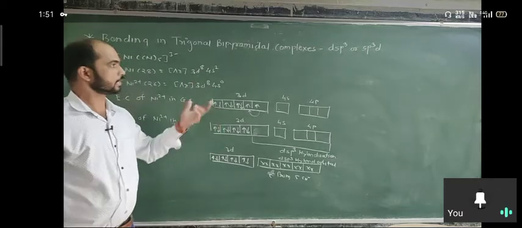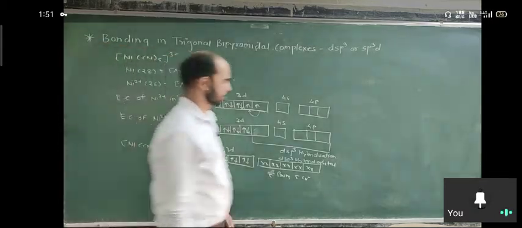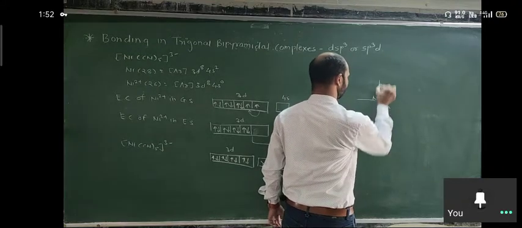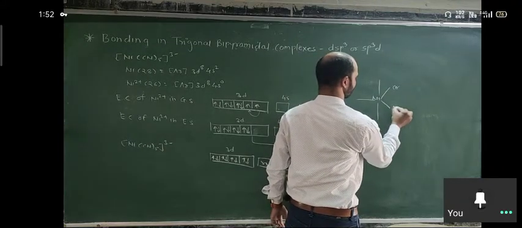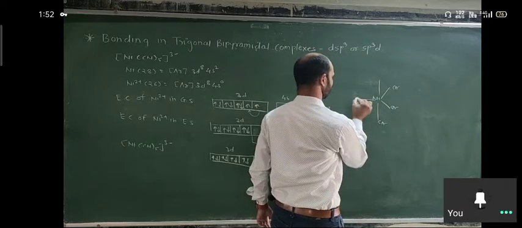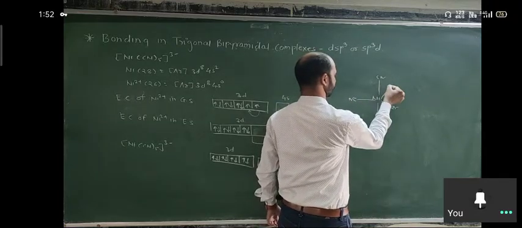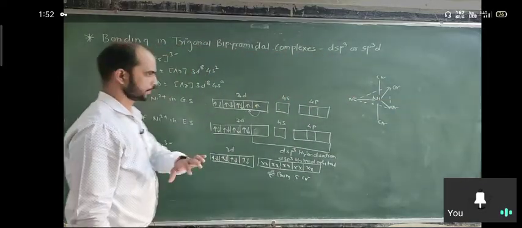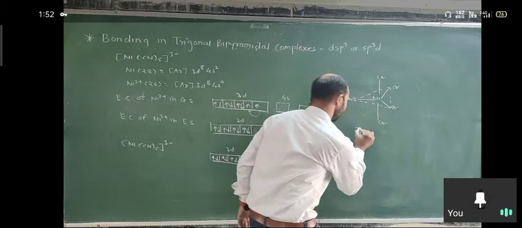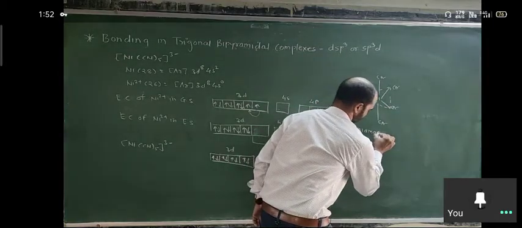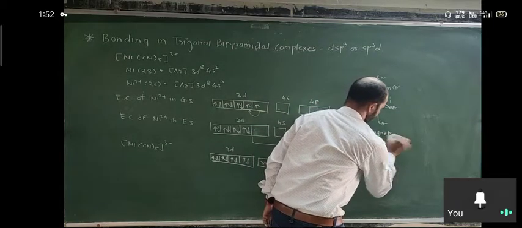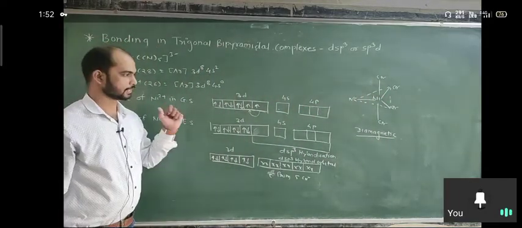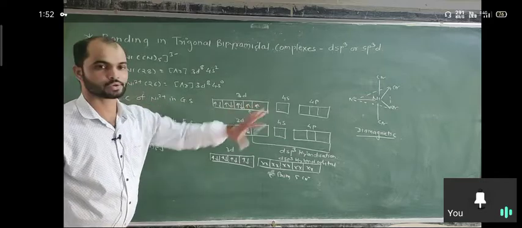Secondly, the dsp3 hybridization suggests the trigonal bipyramidal geometry, and the complex is diamagnetic. So the complex is diamagnetic, the geometry is trigonal bipyramidal.